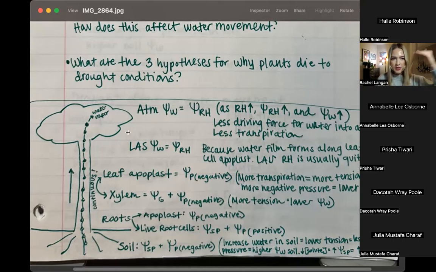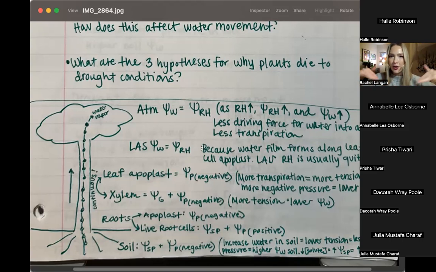Okay, then if you go down one level, the next place we would look at is the leaf air space. So the leaf air space water potential is also just relative humidity potential. What you should think about is that if you were to look at the leaf cell apoplast, all of the apoplast has this kind of film of water along it. And that film of water is the water that actually evaporates and turns into water vapor.